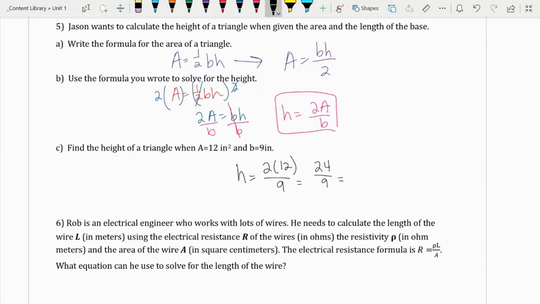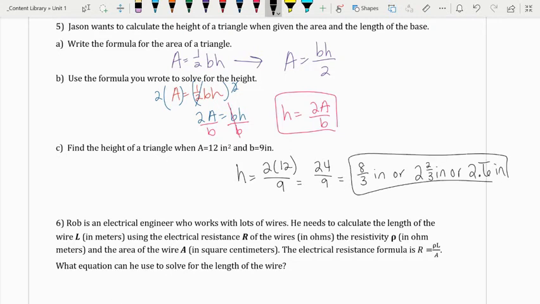As a fraction, I can simplify by 3, so you get 8 over 3. Or you can rewrite it as a mixed number, which would be 2 and 2/3. Or you can write it as a decimal as 2.6. Okay, any of these are acceptable.